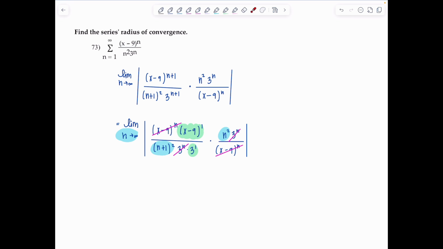But just keep in mind, I have to keep the absolute value bars around this quantity when I take it outside. So watch how I'm going to rewrite it. I have absolute value of x minus 9 over 3 times the limit as n goes to infinity, and then we have n squared over (n plus 1) squared.